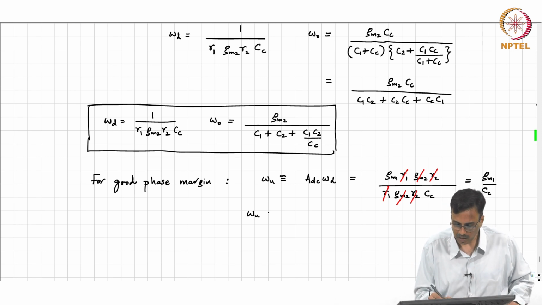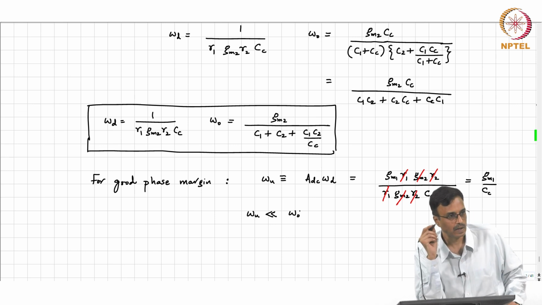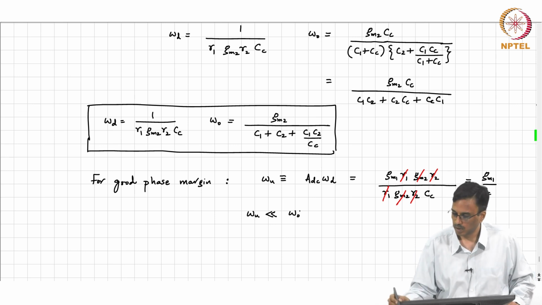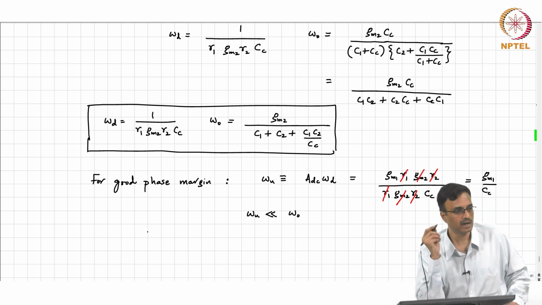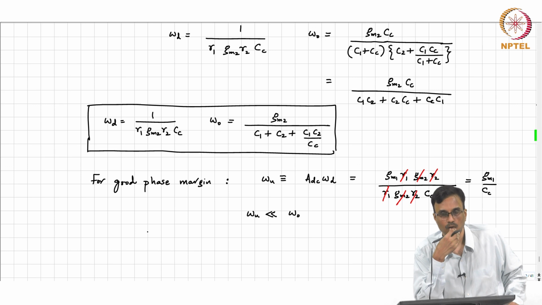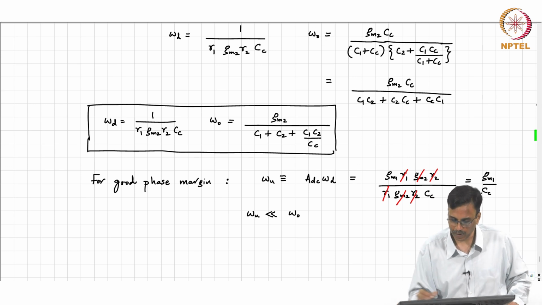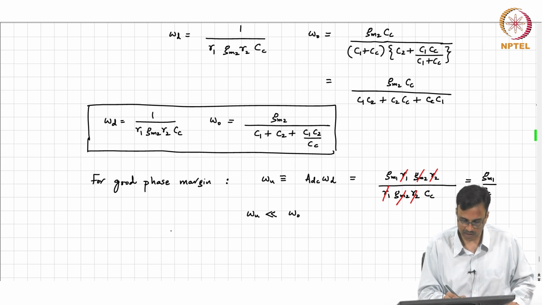We will take a look at why this makes intuitive sense going forward, but for good phase margin, omega u must be much smaller than omega naught. So what is the trade off between phase margin and unity gain bandwidth? Let us say omega u is much smaller than omega naught. What is the angle of the loop gain at omega u?